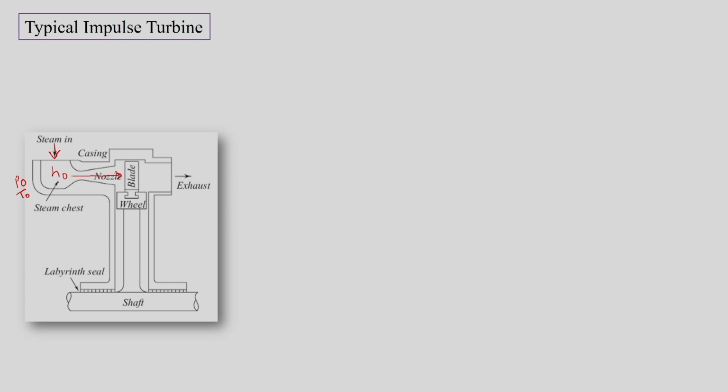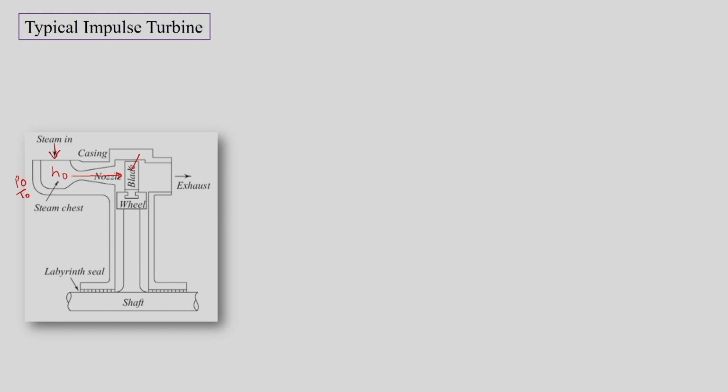Then this high velocity flow would impart its momentum on the blades. These are the blades, and due to the imparting of this momentum, or due to interaction of the blade with the kinetic energy of the flow, the blade starts rotating.